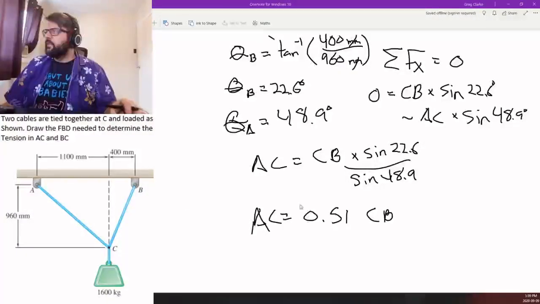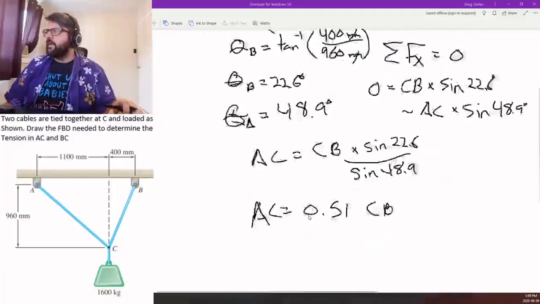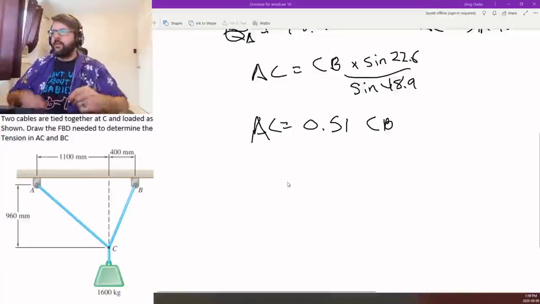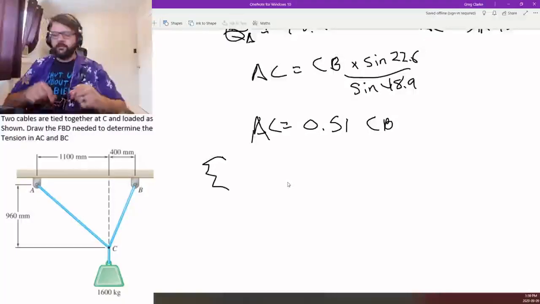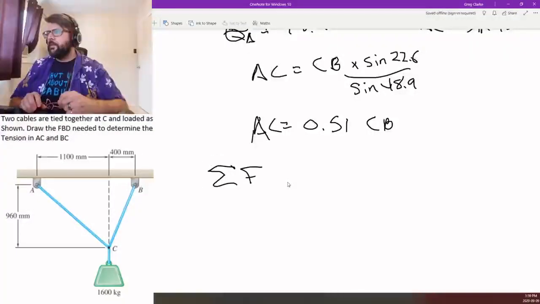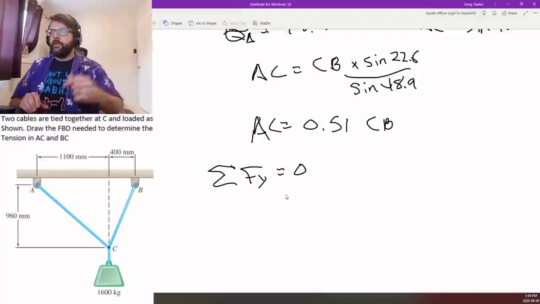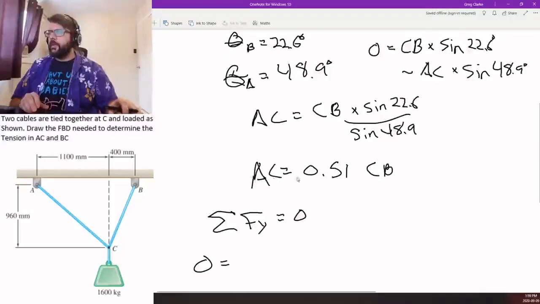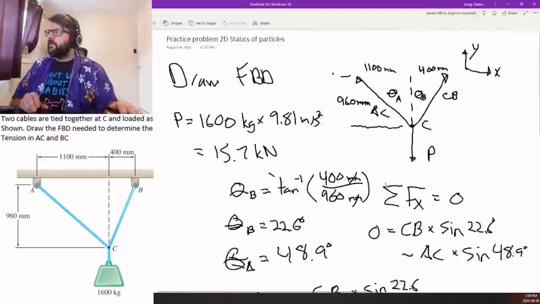So we've got those two in terms of one another. The next thing we can do is take the sum, a terrible sigma, take the sum of the forces in the y-axis and have those equal to 0. So based upon that, we know that 0 is going to be equal to, again, we're working with portions of AC and CB here, except this time instead of taking the sine of these angles, we're taking the cosine of those angles.